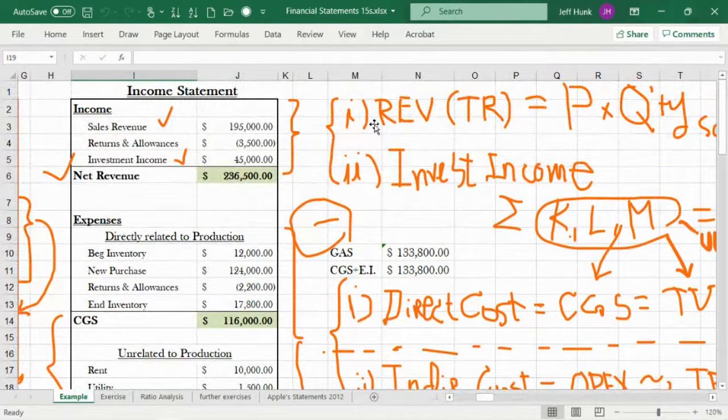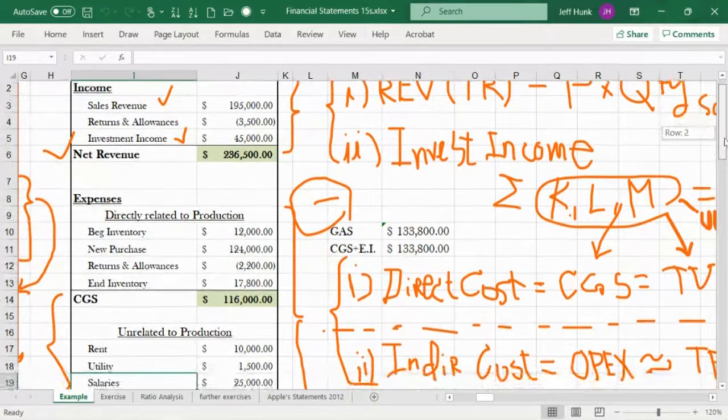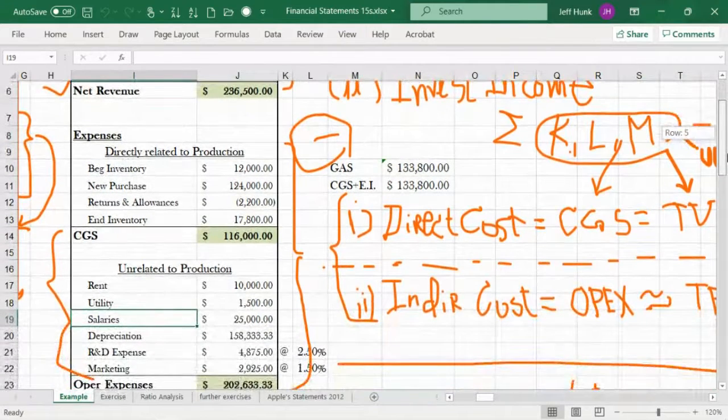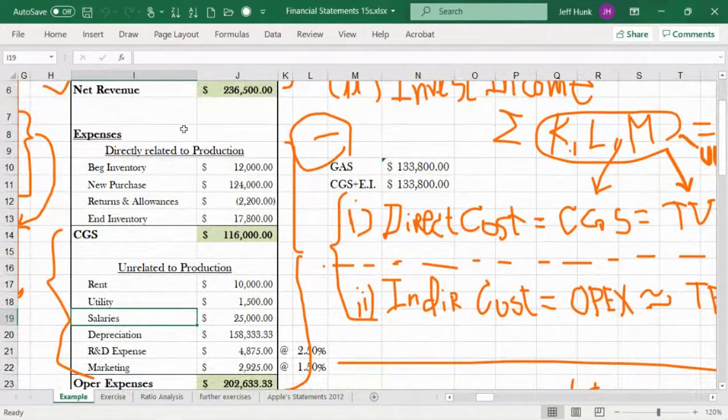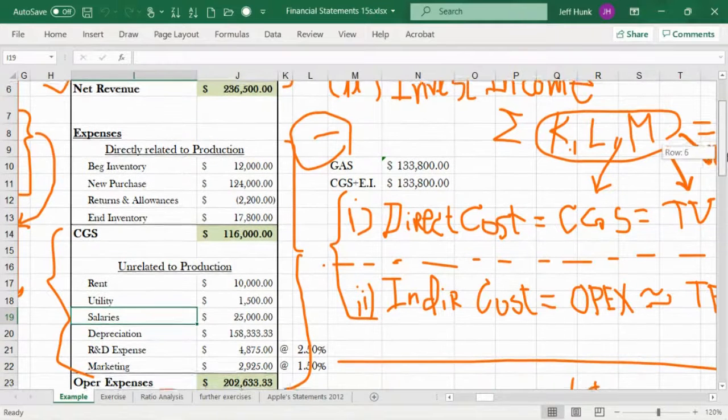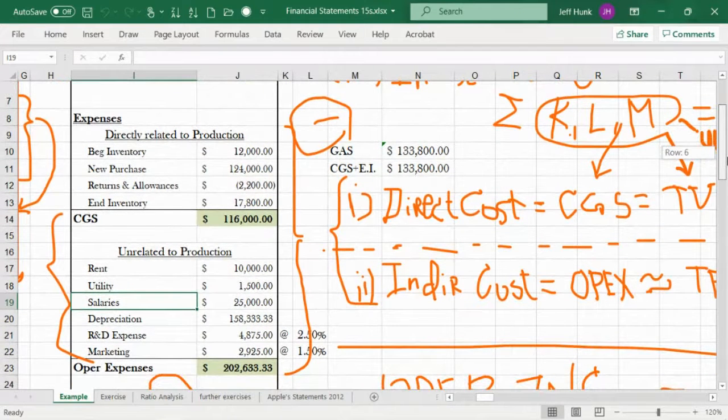First, primarily sales revenue, and then the secondary source of income is passive income, investment income being the major source of passive income. Now, just like income, expenses come from two major sources.